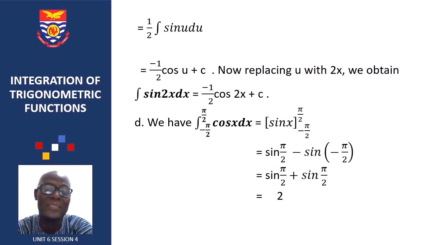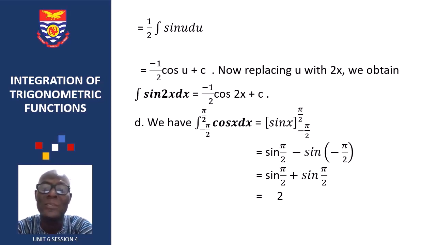Now D, for us to integrate the definite integral from negative pi over 2 to pi over 2 of cos x dx, we integrate the function cos x dx and put in the limits. So if cos x is integrated, we have sine x.